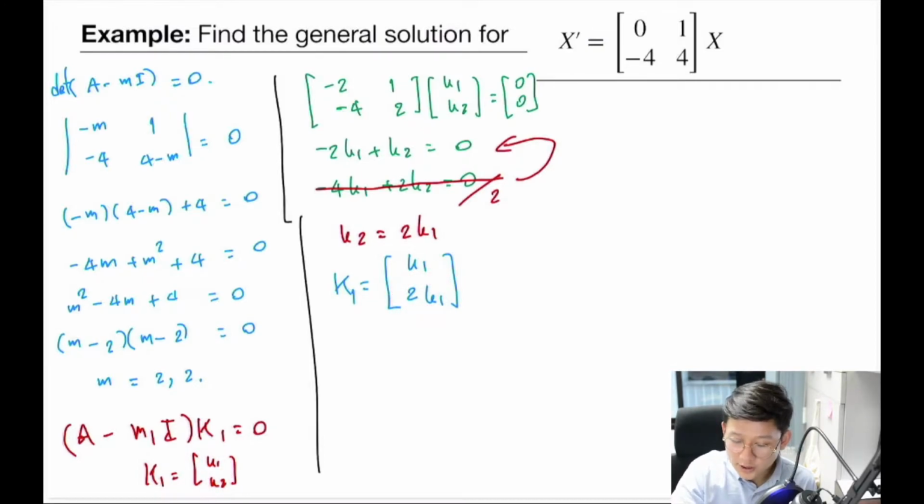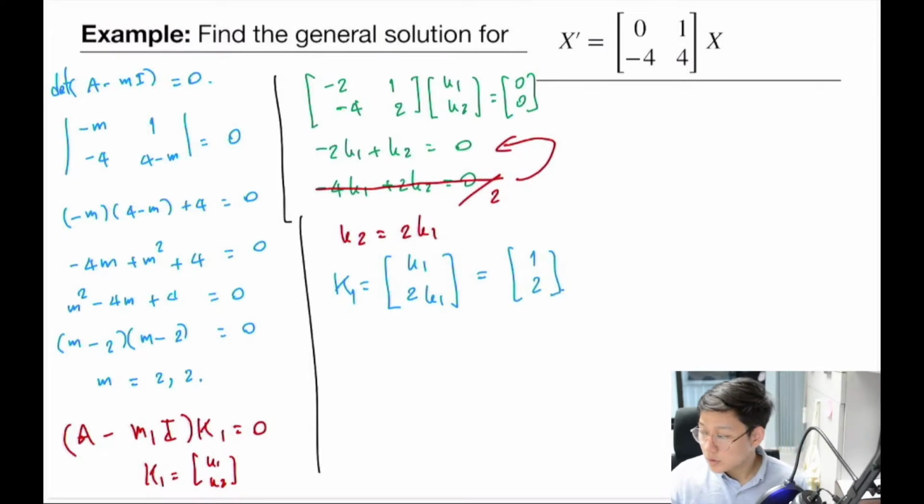Then I substitute k1 with 1, so I get 1 and 2. And that's it. So for 1 m we get 1 k. We don't have the case where we can't write k2 in terms of k1 and need to split the k. We can write k2 in terms of k1, so we have only 1 k.